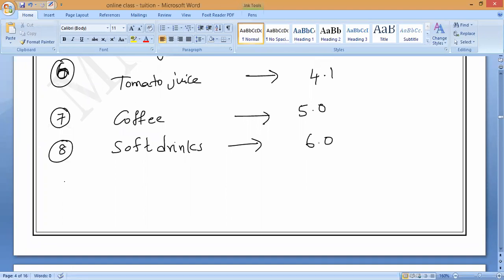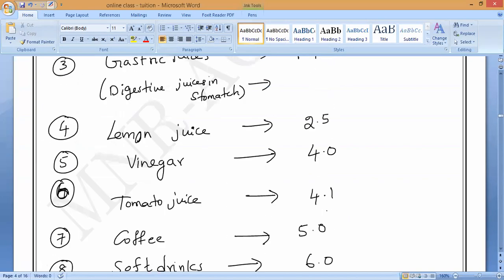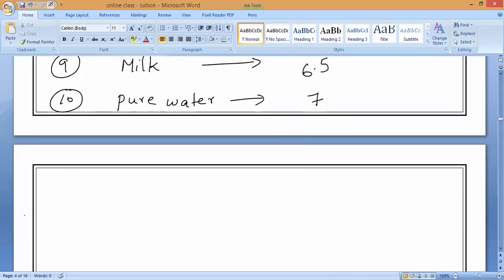Next, milk, 6.5. Next, pure water, 7. What is that? 7. So what should we call these? These all are called acidic in nature. Understand? The 10th one is pure water.